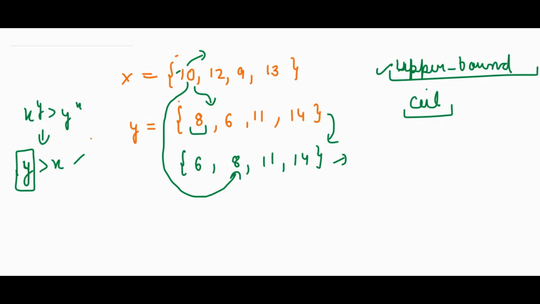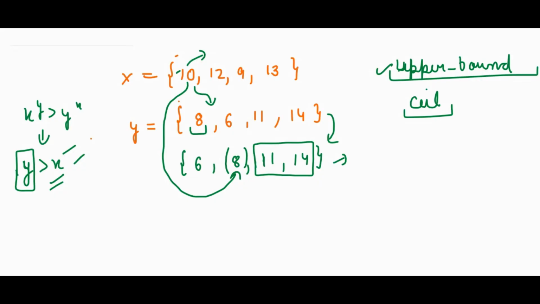The values after the upper bound are the values which will satisfy this condition. Let's say 10 has an upper bound 8 in y, and after that there are 11 and 14, which satisfy y greater than x. 11 is greater than 10, 14 is greater than 10, right?